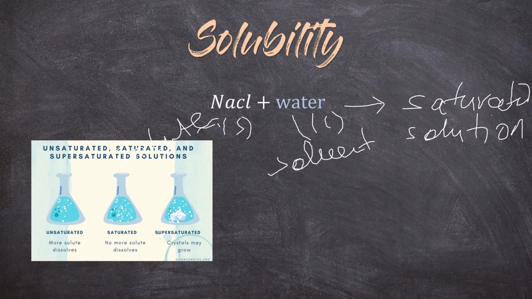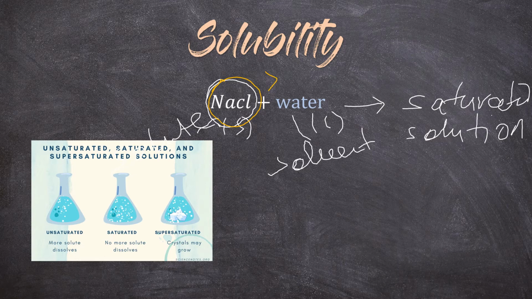These are the differences between unsaturated, saturated, and supersaturated. Here we can see, unsaturated solution means more solid dissolves, which means the quantity of NaCl would be more than water.